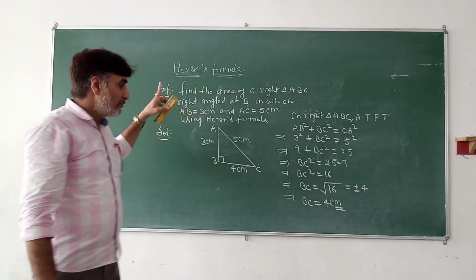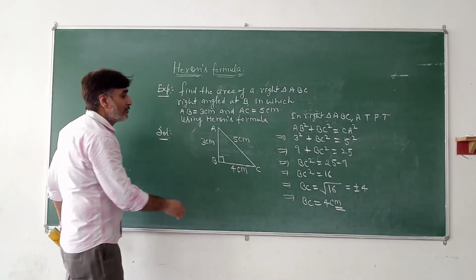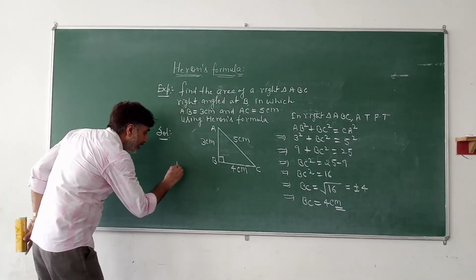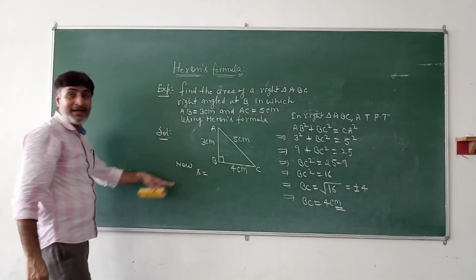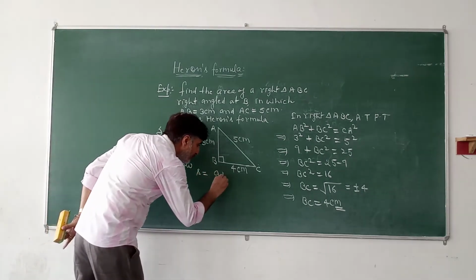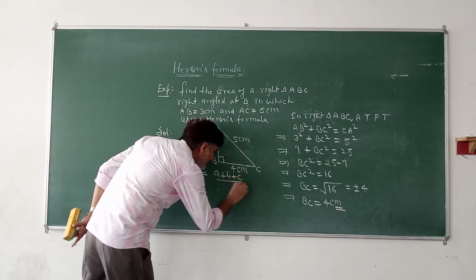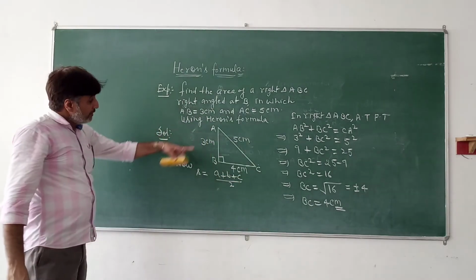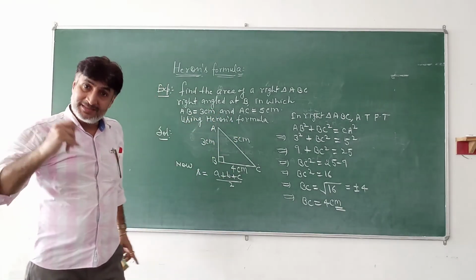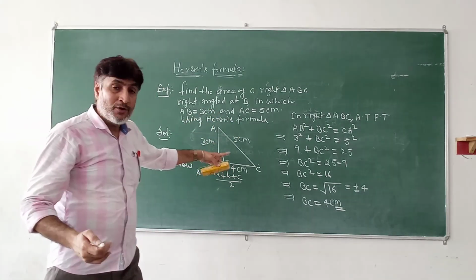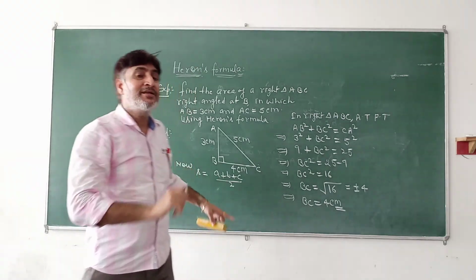For this, first of all, we have to find the semi-perimeter. Semi-perimeter small s equals (a plus b plus c) upon 2. The length of any one side of this triangle we can assume as a, b or c; order doesn't matter here students.